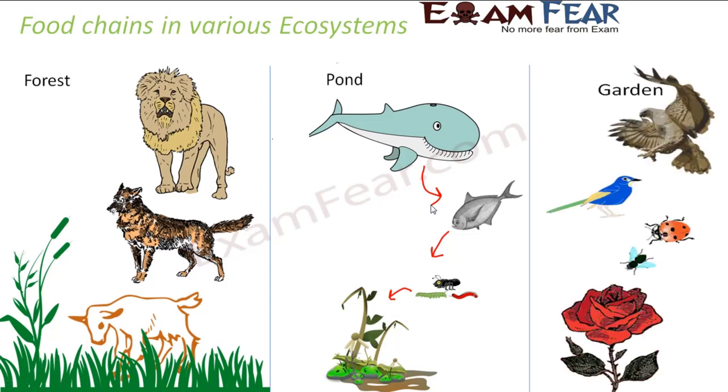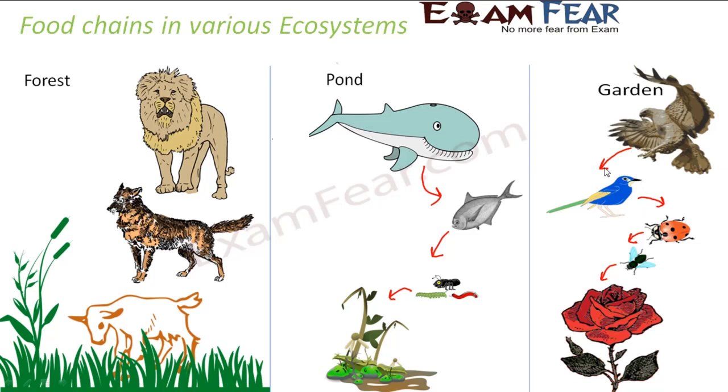Similarly, garden. In your garden you would have seen the plants, maybe the rose plant, being fed on by the small green flies, which are very commonly seen. These small green flies in turn are eaten by ladybirds. They in turn are eaten by small birds, and these birds are eaten up by a bigger bird like a hawk, right?